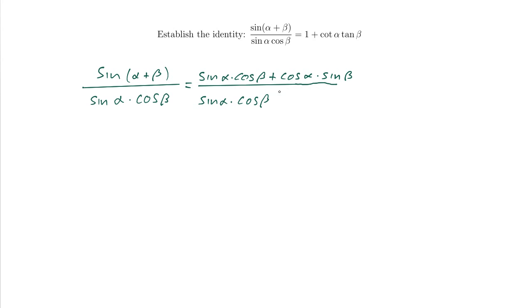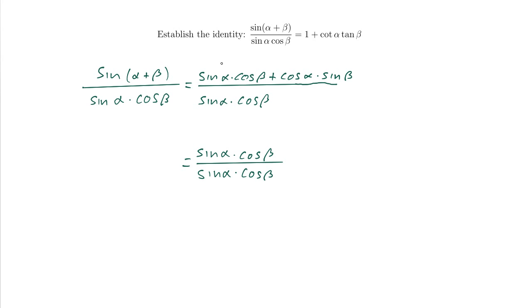Okay, now this whole thing is being divided by sine of alpha times cosine of beta. I cannot just cancel out the sine of alpha cosine beta because I have this plus between the two terms on top. But I can break the fraction into two parts. So I will have one fraction with denominator sine alpha times cosine beta, and the numerator sine alpha times cosine beta.